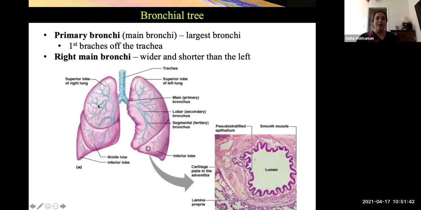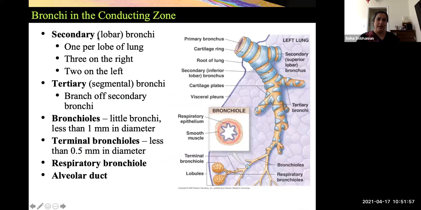So if you have 3 lobes on the right, you will have 3 secondary bronchi. And if you have 2 lobes on the left, then you only have 2 secondary bronchi. So again here, 3 on the right and then 2 on the left, which kind of makes sense.